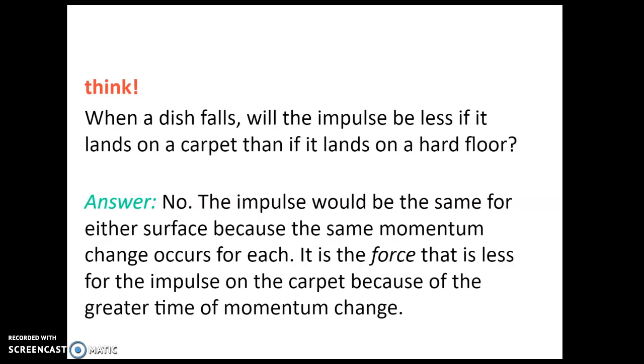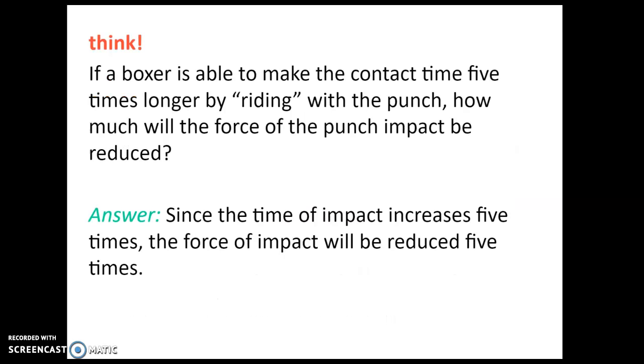So it's not immediately impacted by that amount of force, like if it was on the hardwood floor. The same momentum change occurs for each, but the force is less on the carpet because of the greater time of momentum change. So again, that greater impact time for the carpet.